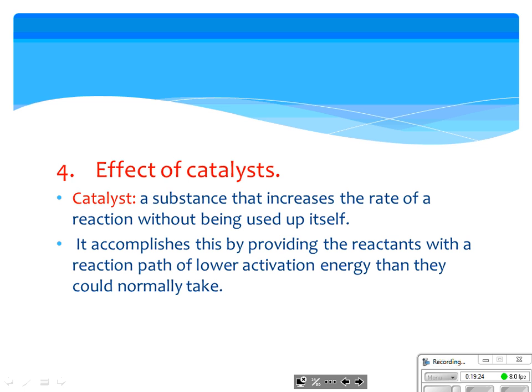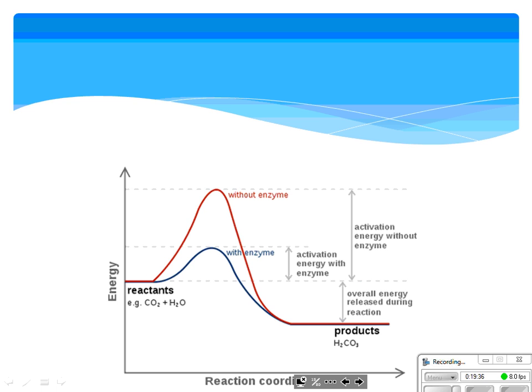So what does the catalyst do? It increases the rate of reaction. How does it do it? By decreasing or lowering the activation energy. Here's a diagram. Go ahead and copy this diagram into your notes. Copy that in your notes, pause the video, and we'll come back here.